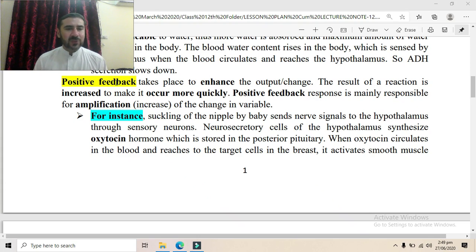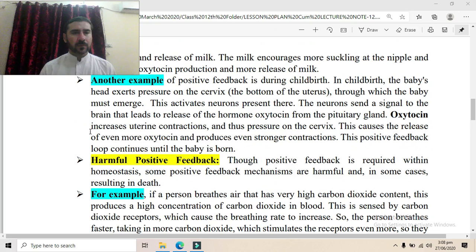So this suckling process is an example of positive feedback: the result is enhanced, the suckling process is enhanced, so the process occurs more quickly and more milk is released for the baby.